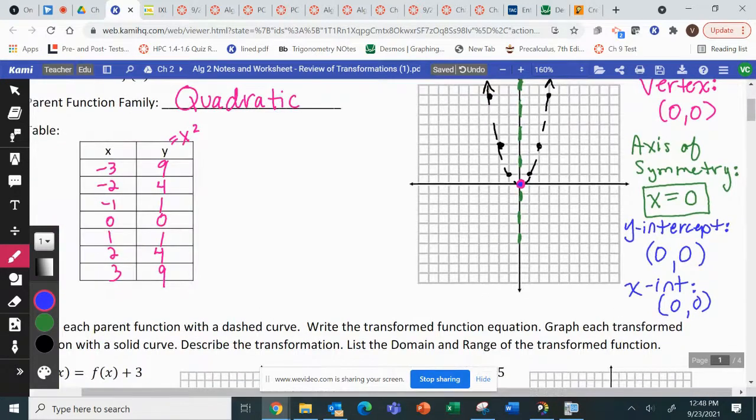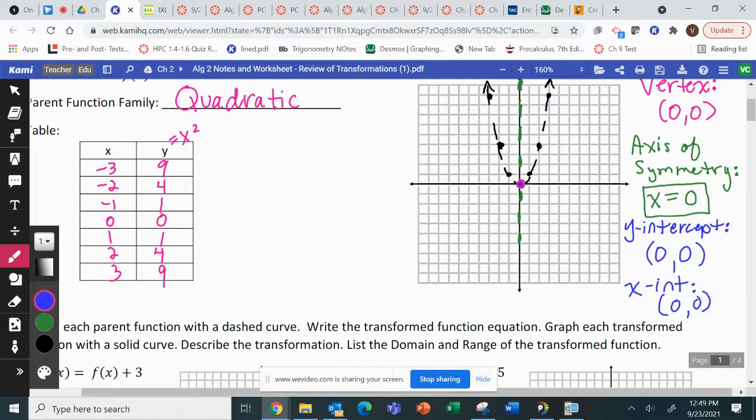Okay, what you're going to do, first of all, before you do anything, this entire chapter is about quadratics. This entire chapter is about this U-shaped guy. You should not be graphing anything else right now.